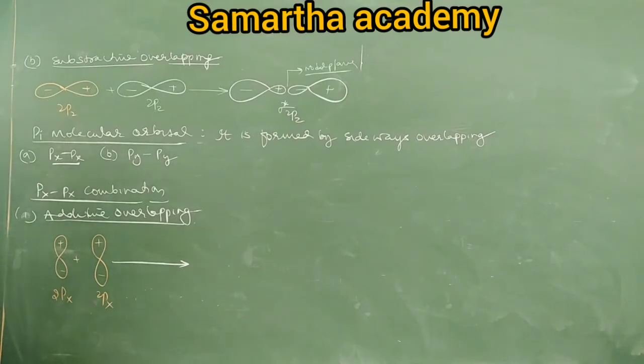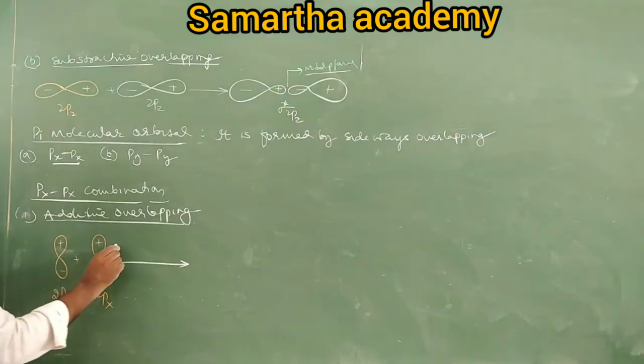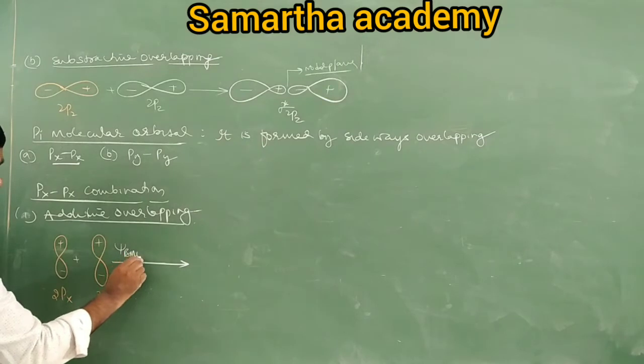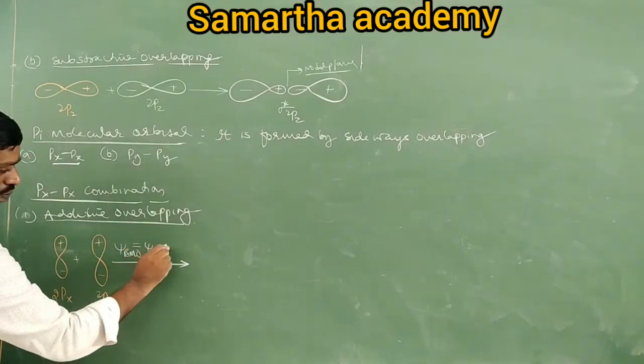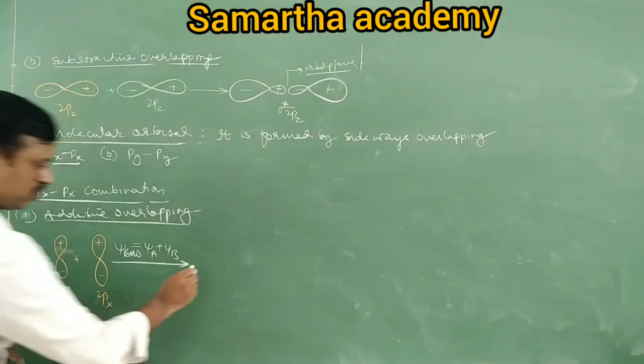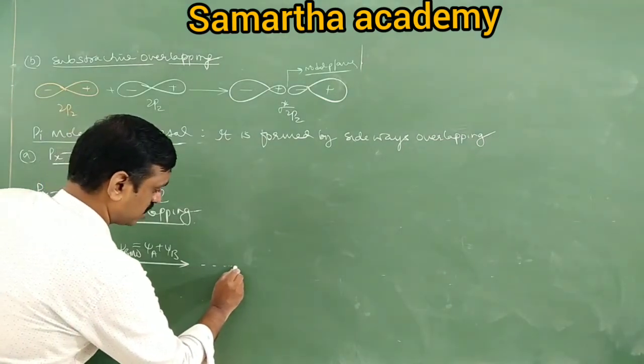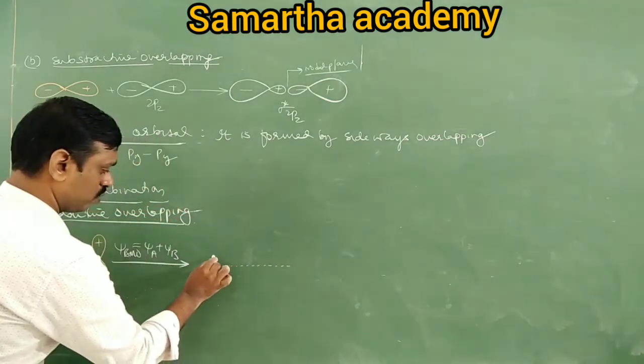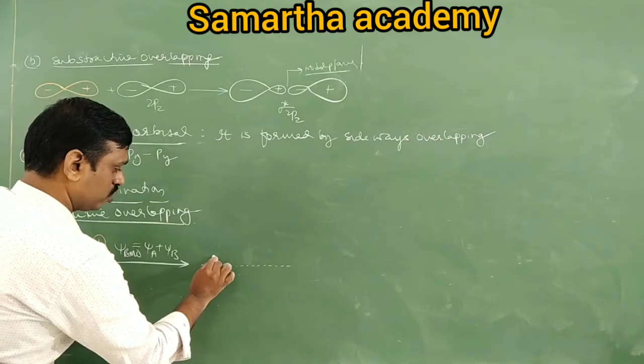In additive overlapping, obviously psi BMO equals psi A plus psi B. Now what happened? Tell me. This positive part overlaps, negative overlaps. So this is the internuclear axis like this. So by overlapping these two, you will get like this.